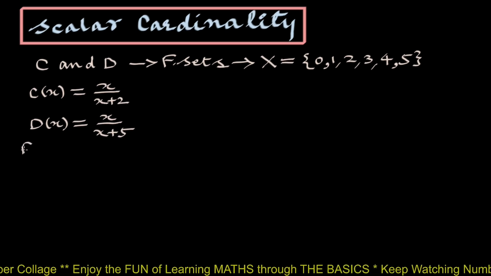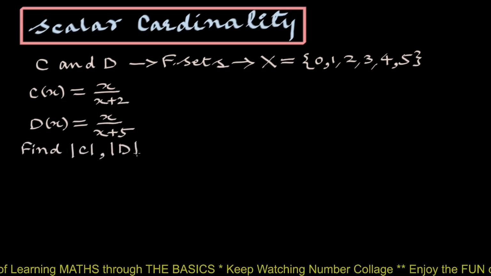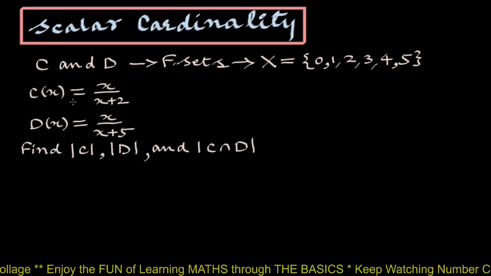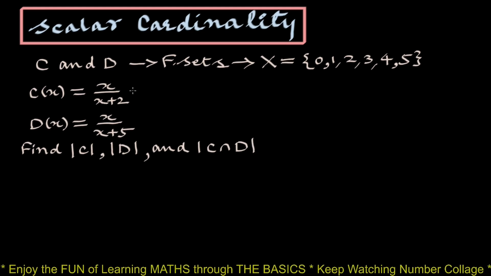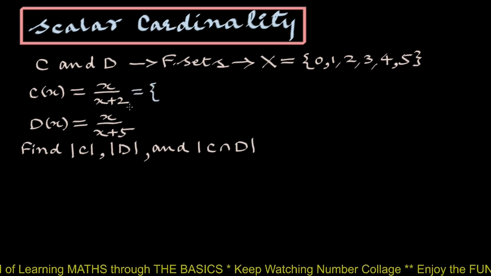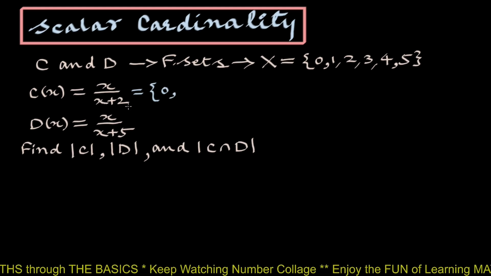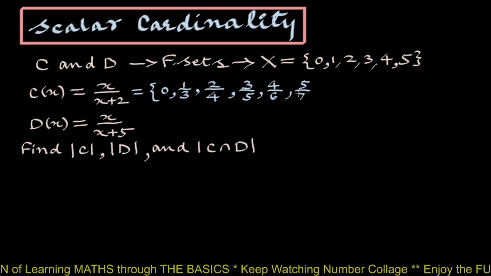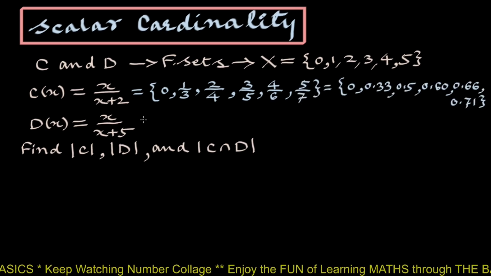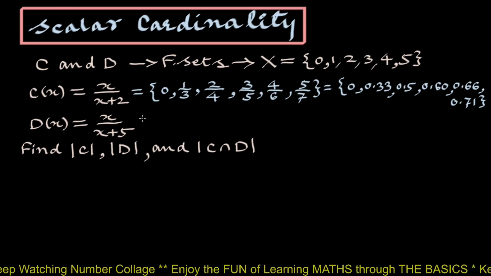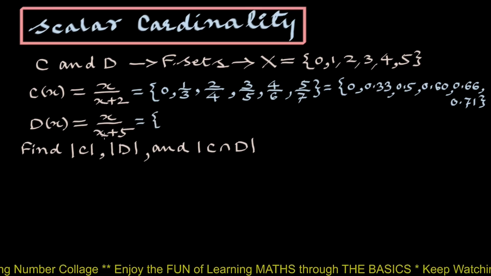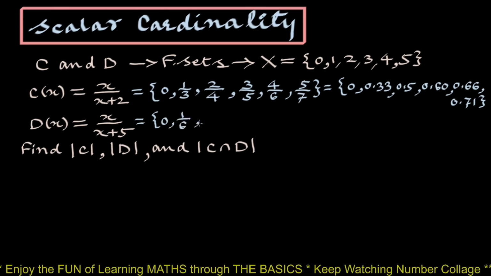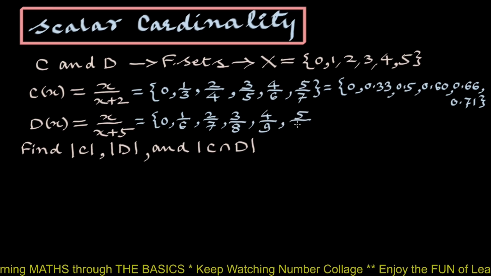We have to find cardinality of C and D and cardinality of C intersection D. C(x) equals x upon x plus 2 gives us 0 upon 0 plus 2, 0, 1 upon 1 plus 2, 1 upon 3, and 5 upon 5 plus 2, 5 upon 7, in decimal form. Similarly, D(x) is x upon x plus 5. That will be 0 upon 0 plus 5, 0, 1 upon 1 plus 5, 1 upon 6, etc., 5 upon 5 plus 5, 10.